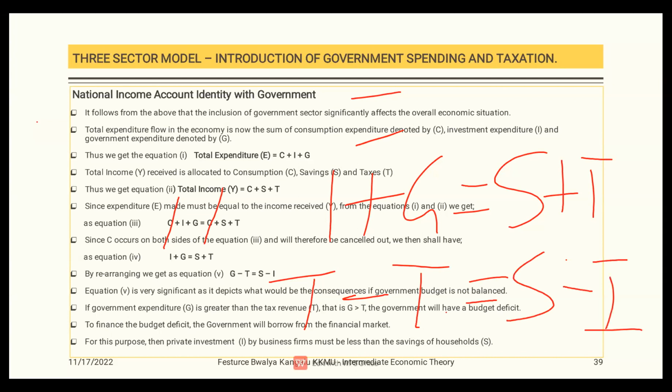We collect them like that. So whatever government spends minus what it earns shall be equal to whatever we save minus what we invest. Okay, that is an identity. This is an identity for leakages and injections.